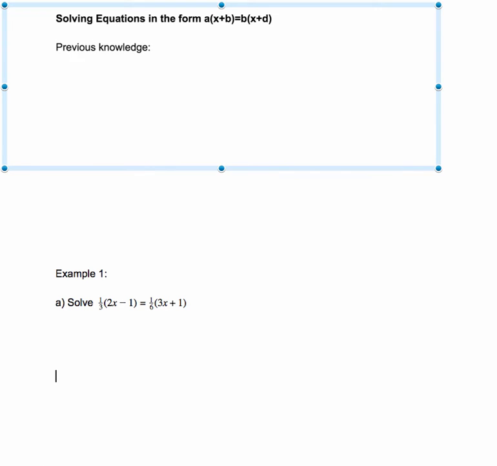Now, the previous knowledge that's relevant for us in this information is from our polynomials unit. And in our polynomials unit, what you learned was that when you have an expression where you have x's and numbers, so 6x plus 5 plus 2x minus 1 minus 4x plus 3, the x's can be collected and then the numbers can be collected.